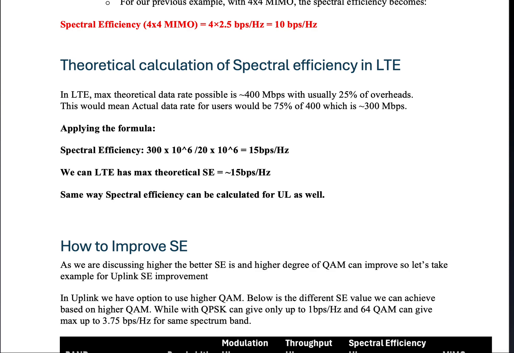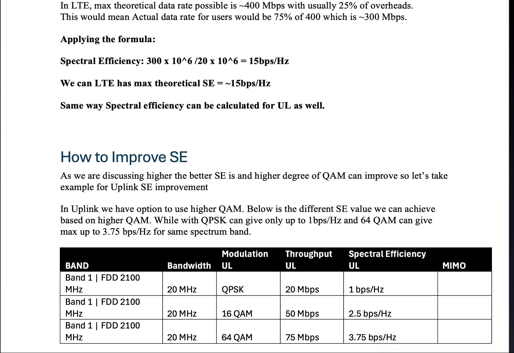So let's take the example of uplink SE improvement. In uplink, we have an option to use higher QAM. Below are the different SE values you can achieve based on higher QAM. I'm giving you the figure, based on my calculator, of how much it will differ if we use QPSK in uplink, 16 QAM in uplink, or 64 QAM in uplink.